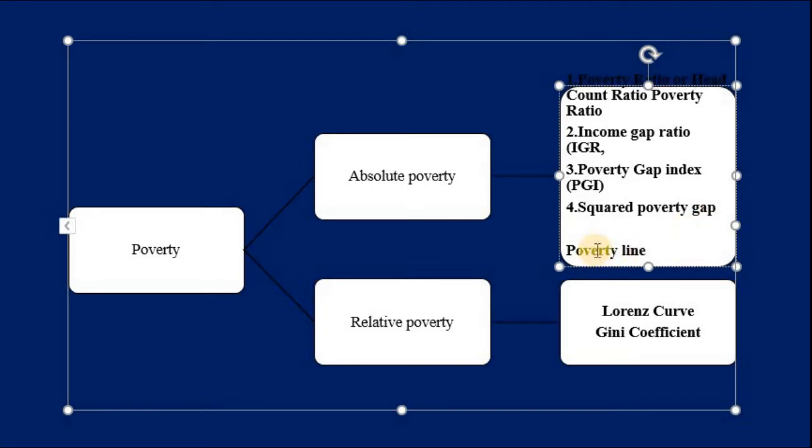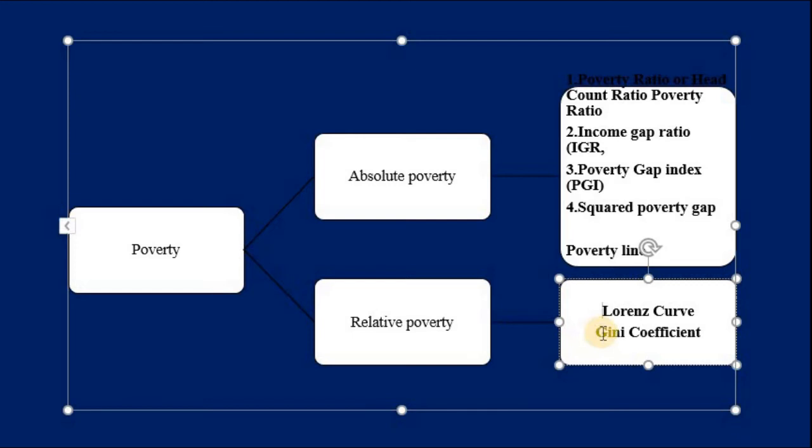These are the concepts we're going to learn in absolute poverty, which deprives certain basic requirements. And the other one, relative poverty, where relatively we measure through the Lorenz curve. How the income is distributed, we are going to learn in this Lorenz curve.